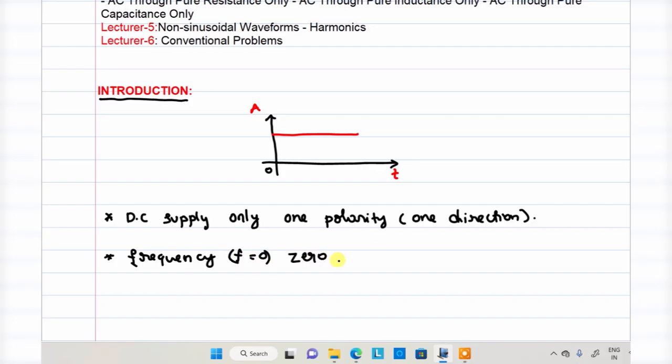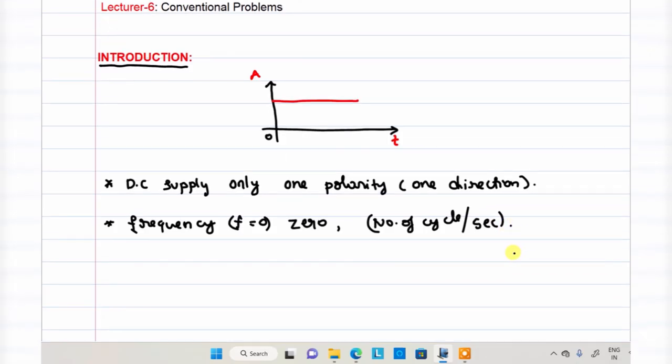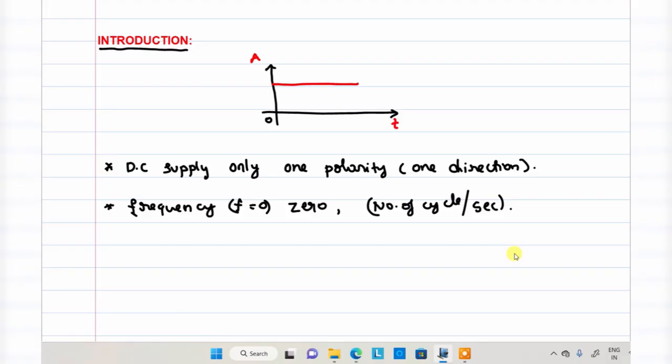Frequency is 0. The frequency, in another unit, is the number of cycles per second. Every point I mention is very important from the examination point of view, so everyone maintain running notes also. In DC, the magnitude is either negative or positive, only one polarity, as well as only one direction.